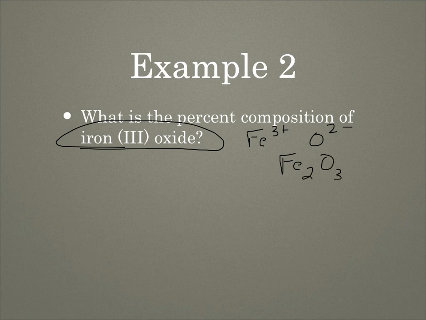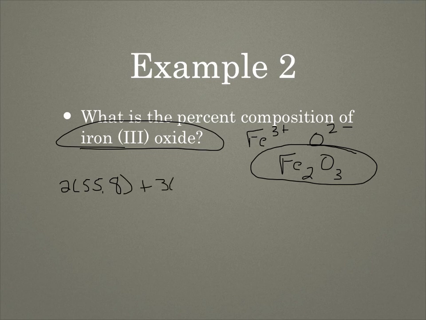If I want to figure out the mass of this, here's what we do. First, figure out the molar mass of iron 3 oxide. So add it all up. So 2 times, if you look up iron, it's 55.8, plus 3 times 16, and that equals 159.6. So if I had a mole of Fe2O3, I'd have 159.6 grams.